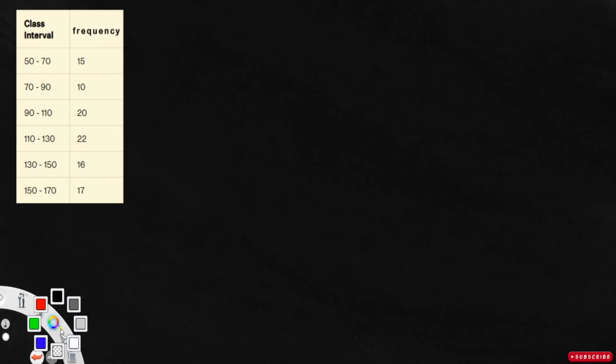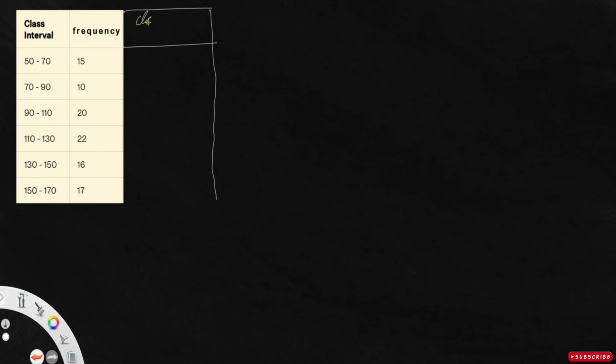Clear? Now we can consider another example. Here also, first I need to draw another table that will represent the class mark. Class mark is xi, the average of the class interval. So 50 plus 70 by 2, 120 by 2 is 60.